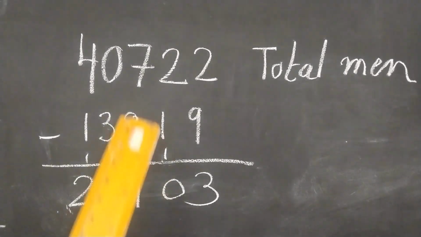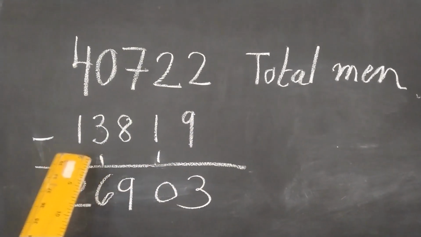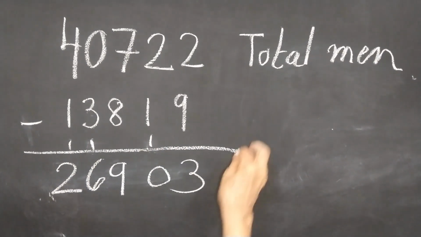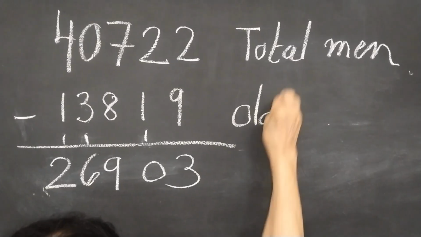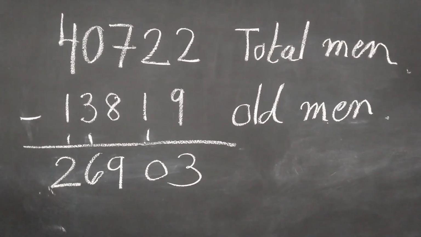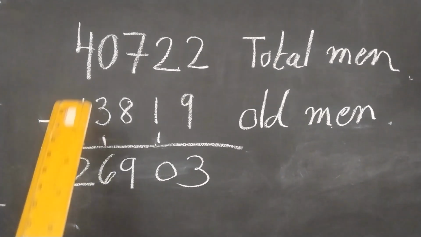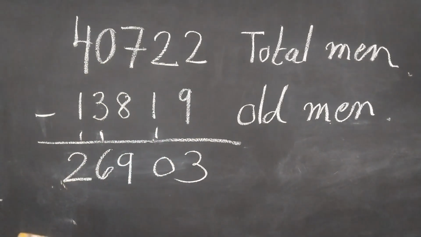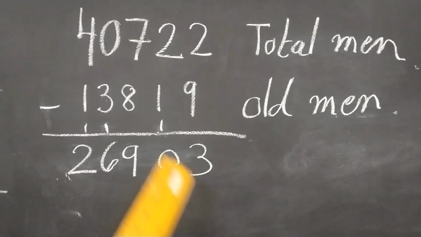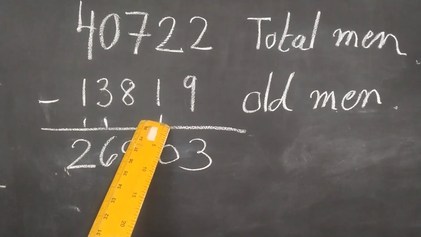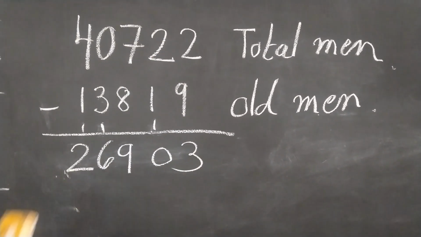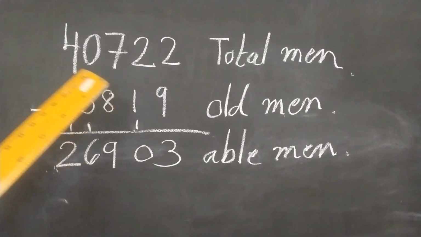Out of these total number of men, these many men have become old. So, all these men will not be able to work in building the road. We will have to subtract this much amount from this in order to get able men.